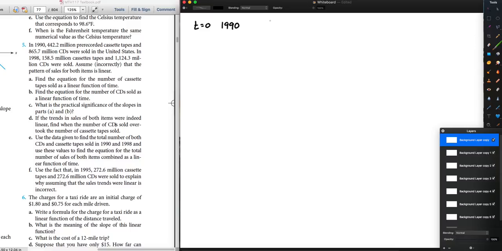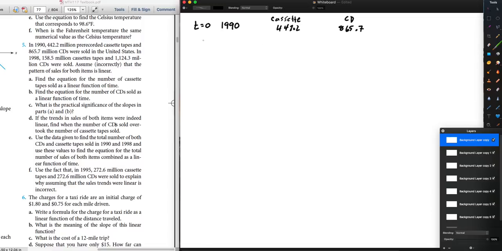Cassette tapes come first, and the cassette tapes are 442.2. And CDs, which are 865.7.